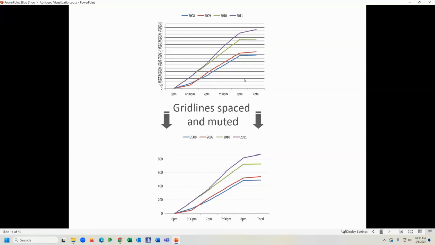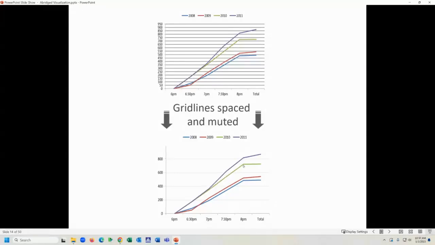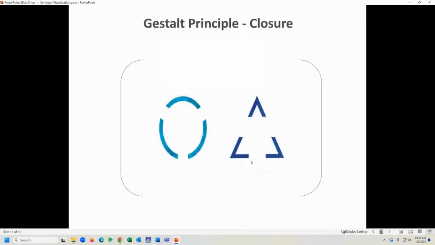The lines across are not conveying any information, but the problem when you have them bold is worse in that it obscures the data. The interesting thing is the four colored lines, four different years, and it comes out much more clearly in the bottom one where we have a reduced number of grid lines and they are made much more opaque.